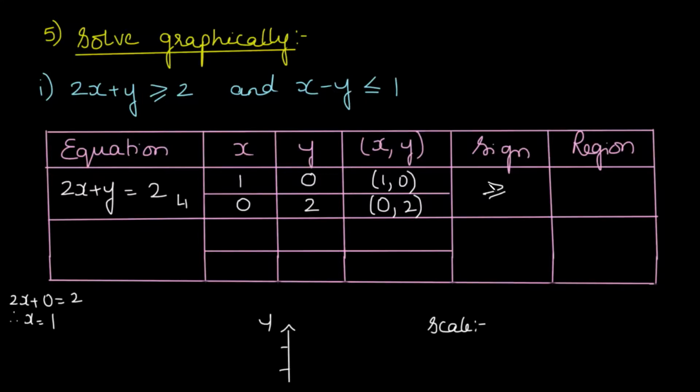So remember, in this case, the sign is greater than or equal to, and therefore the region is the non-origin side of the line. So you can just write over here non-origin side. So when you draw the line, on the non-origin side we are going to get the feasible solution for this particular line.